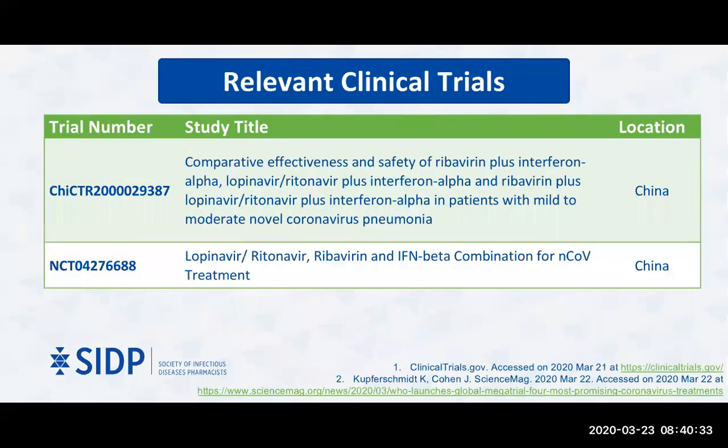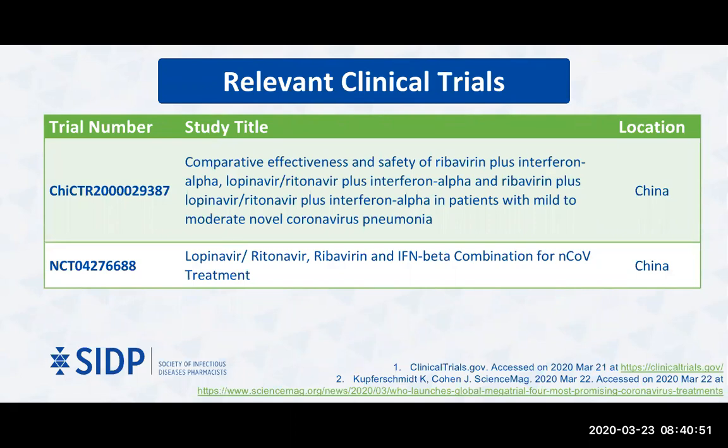Here are 2 relevant clinical trials that are currently ongoing for ribavirin, specifically for COVID-19 patients. Both of these are being undertaken in China, and you'll notice that both of these have ribavirin in combination with either lopinavir, ritonavir, and/or some form of interferon.